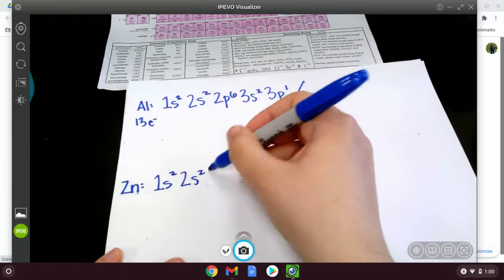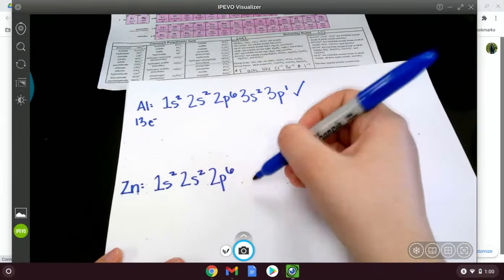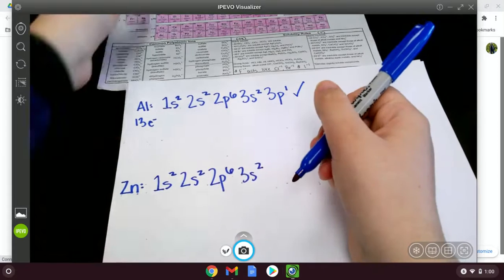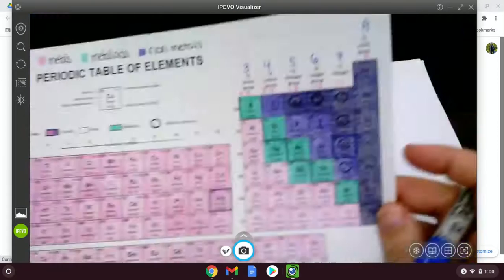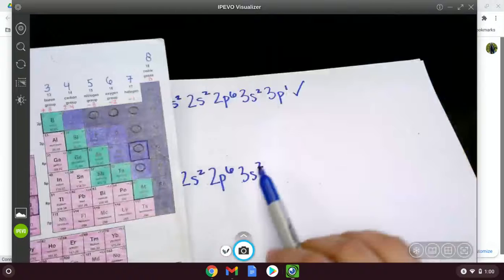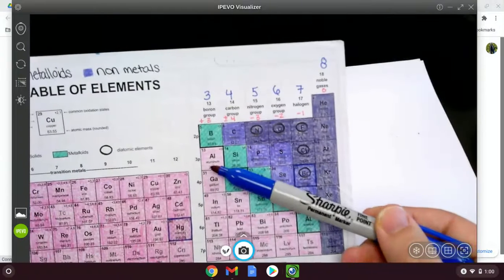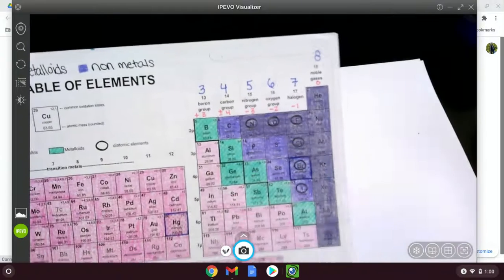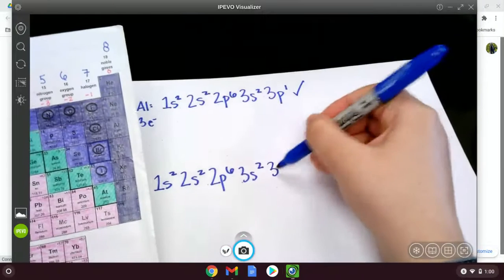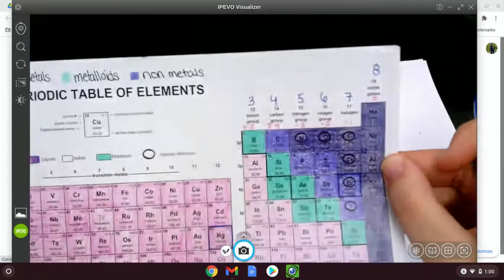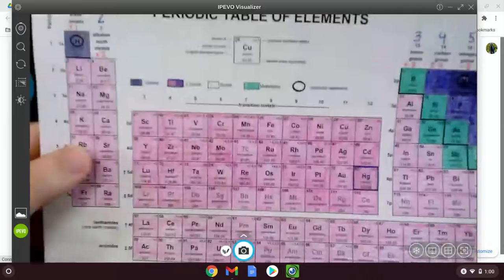Then we're going to go to 2p6, 3s2, and then, referring to my periodic table, we've made it to 3s2, so we're going to go to the 3p. So we're going to have 1, 2, 3, 4, 5, 6. So 3p6, and that brings us to argon, which is not zinc, so we need to keep going.